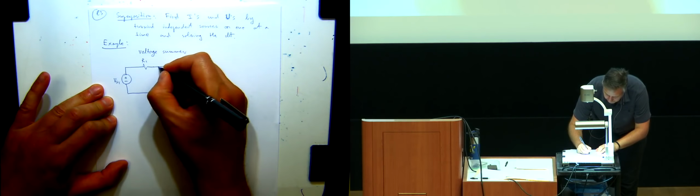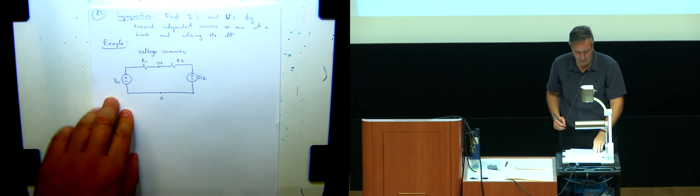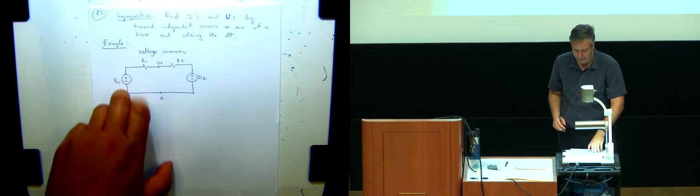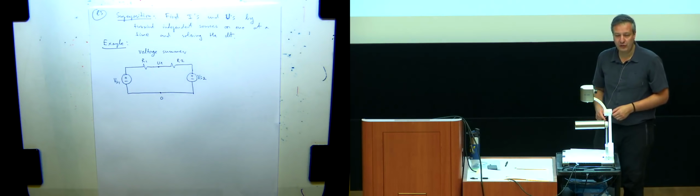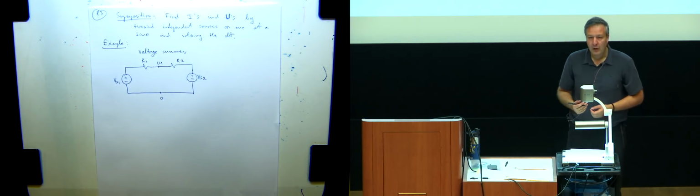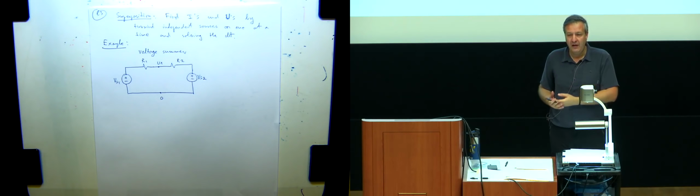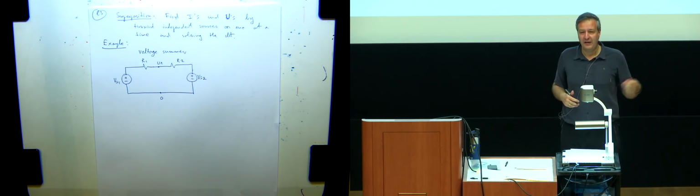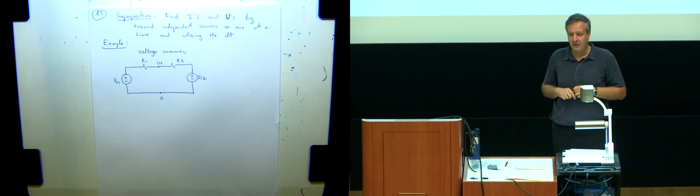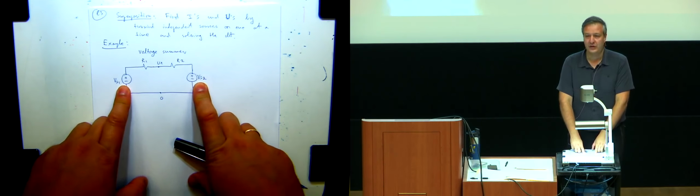Typical thing, I'll label my reference node. I'll label the one remaining node in the circuit, which is unknown. Because this circuit produces some function, and functions normally have input and output, the inputs here are these two sources.